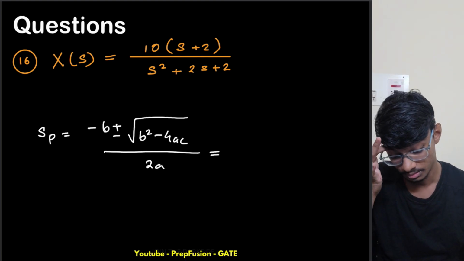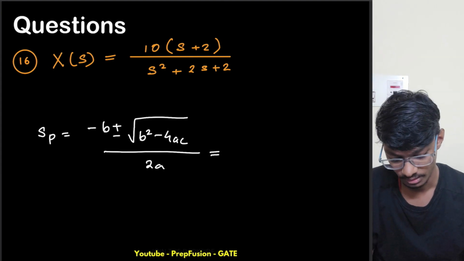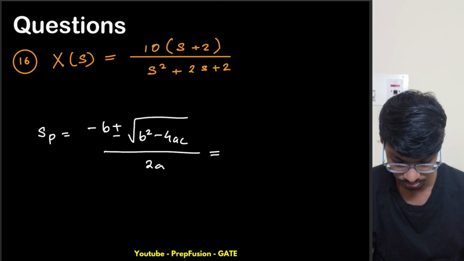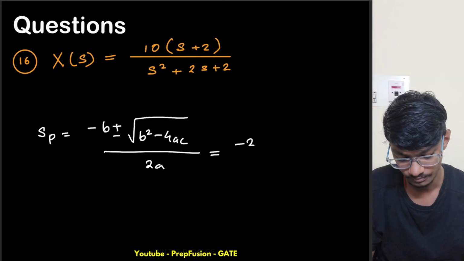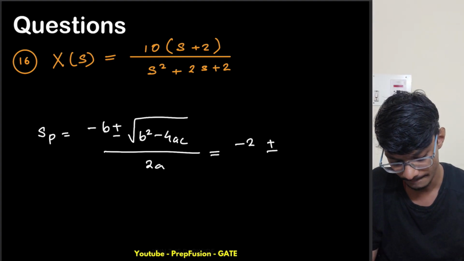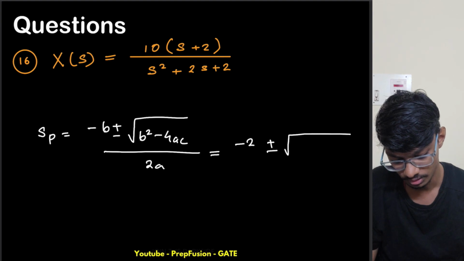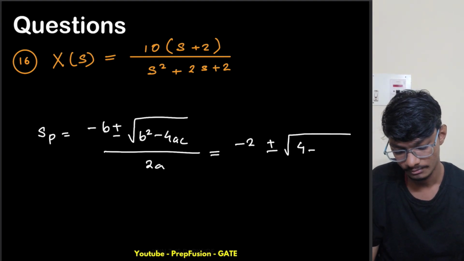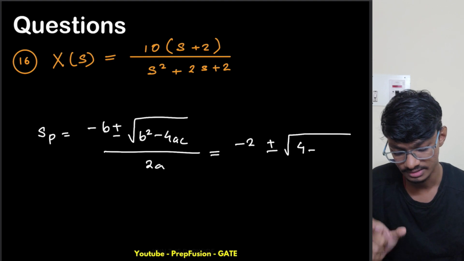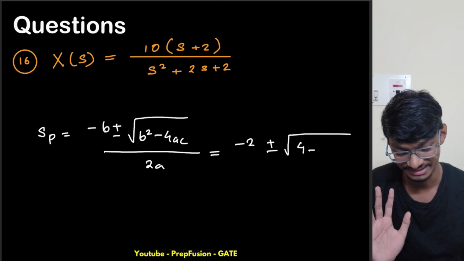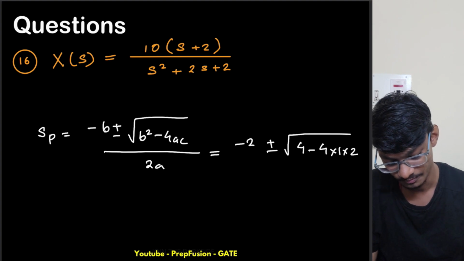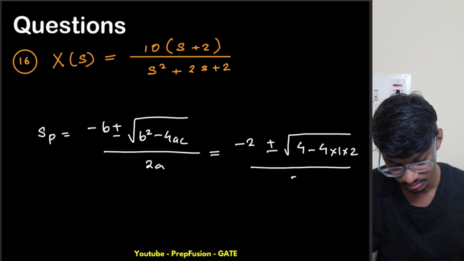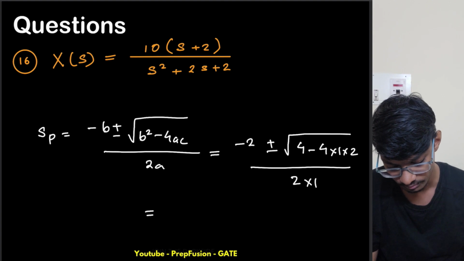So what is minus b? Minus b is 2, plus minus the square root of b square, which is 4, minus 4 times a, where a is the coefficient 1. I am not explaining this formula; I hope you can do this. c is 2, divided by 2 times 1.